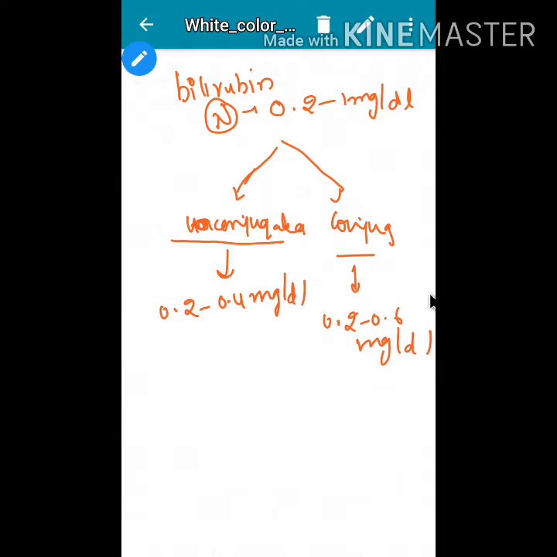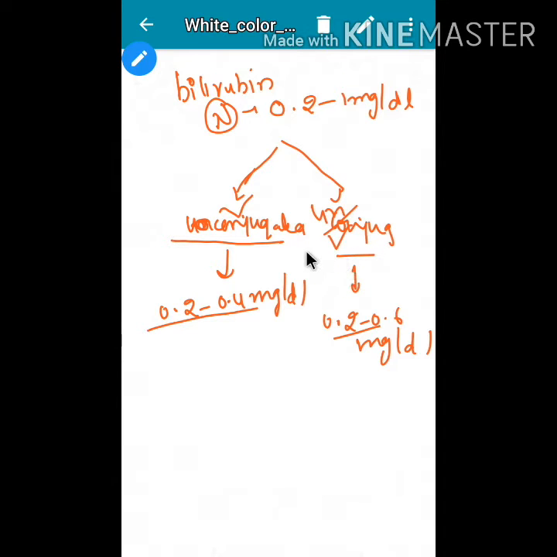If we consider both conjugated and unconjugated, the level is from 0.2 to 1 milligram per dl. Okay, remember this is conjugated, this is unconjugated.